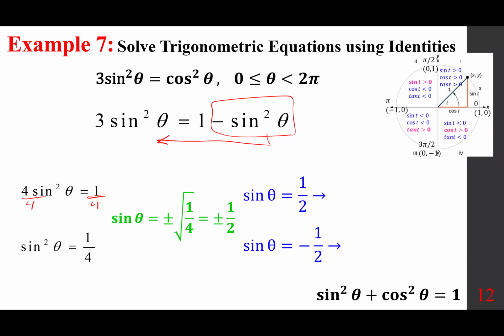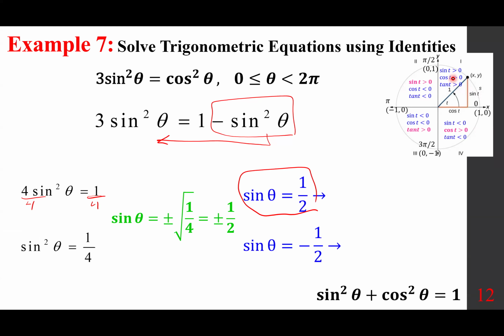Obviously, sine of theta equals negative 1/2, we already did that on the previous page: 7 pi over 6 and 11 pi over 6. But anyway, for this one, remember the reference arc is pi over 6. Sine is positive in the first and second quadrant.